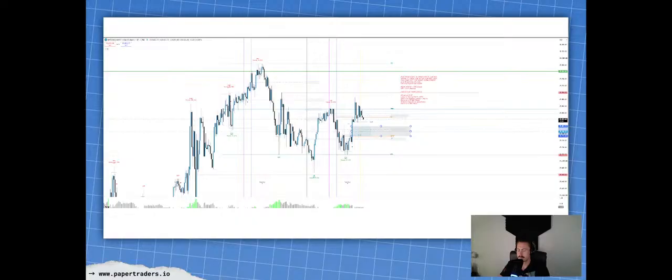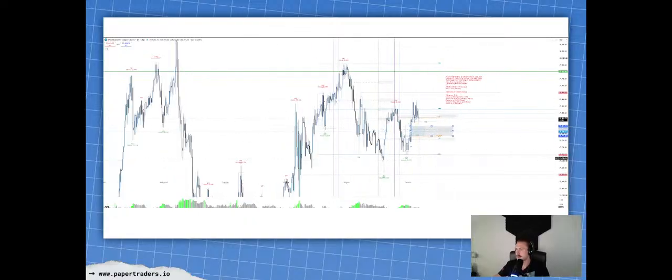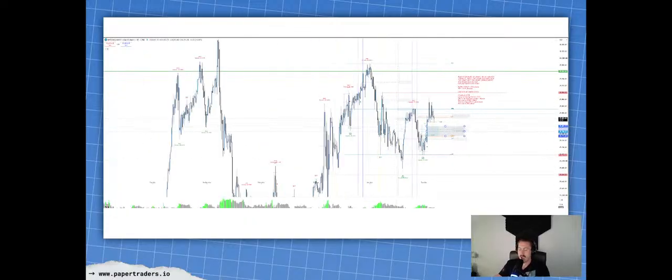If price trades through this FVG and closes below it, then we can use it as an IFVG for an entry for shorts, right? On the upside, there is some liquidity.